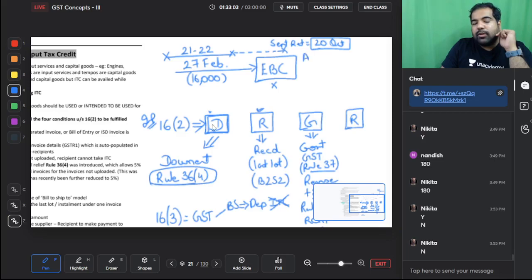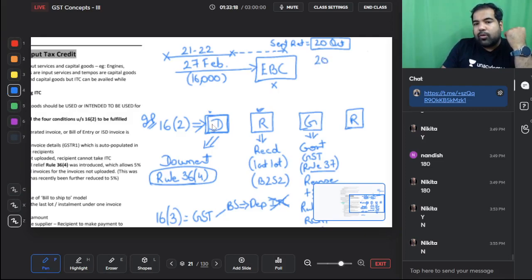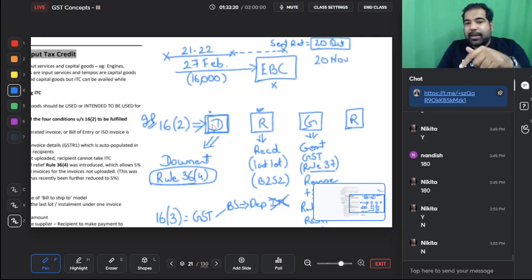Or the actual annual return filing date. The return due date is 31st December, but this is the due date. What is the actual return filing date? Let's say you file your return on 20th November. Then what is the expiry period of this year's credit? The expiry period will be the earlier one, that is 20th October.